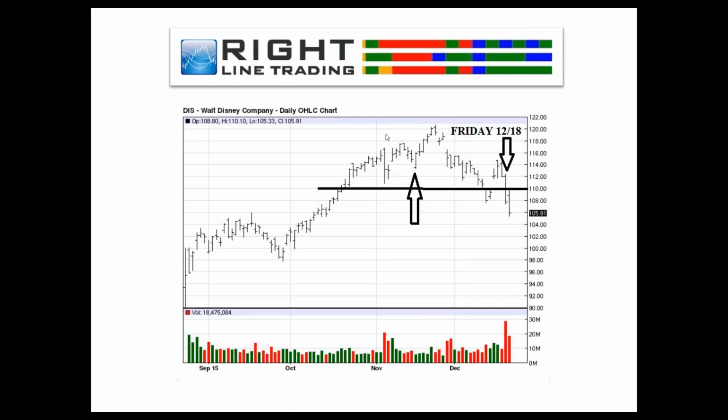Then on options expiration day, and I hate when brokerage companies do this, and they know that they're going to cost people a lot of money, they smashed Disney with a brokerage downgrade. I don't know if it was from strong buy to hold or strong buy to sell, but they really demolished it. And so Disney crashed below our 110 line, and it closed all the way at 105 on the Friday of options expiration.